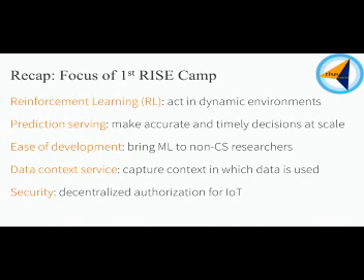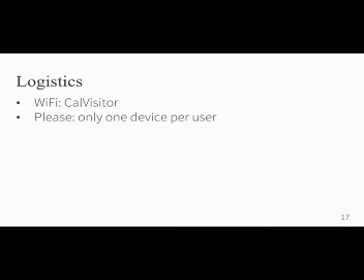Fourth is data context service, which provides you with the ability to capture the context in which the data is being used. And finally, security enables the underlying security fabric to have decentralized authorization for a distributed set of mutually untrusting devices.